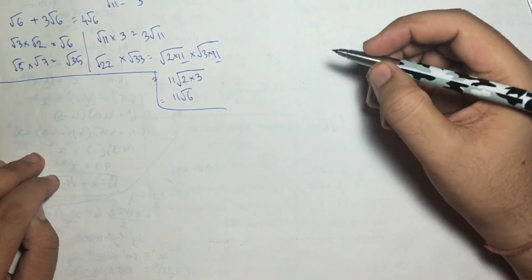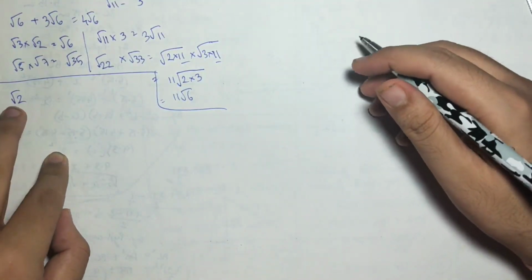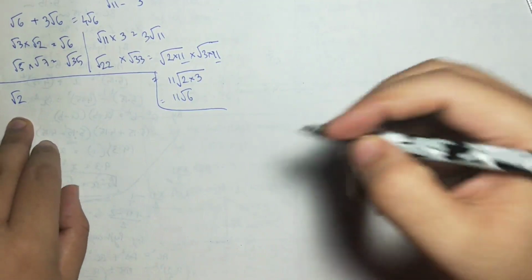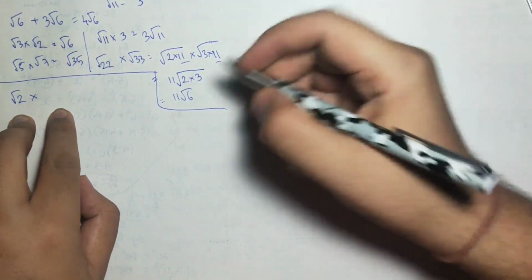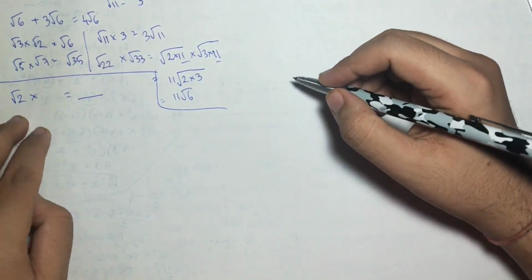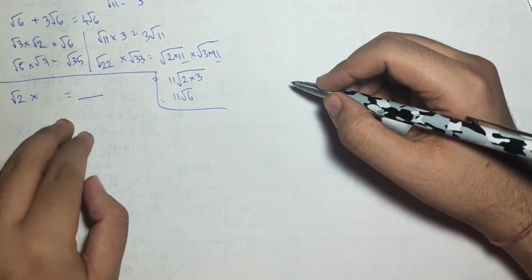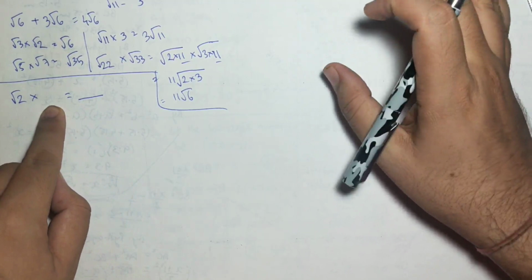So first of all, for monomial, if I give you root 2, this root 2 is an irrational number. It should be multiplied to a number so that my answer comes out to be rational. So what is that number except 0? Don't say 0.